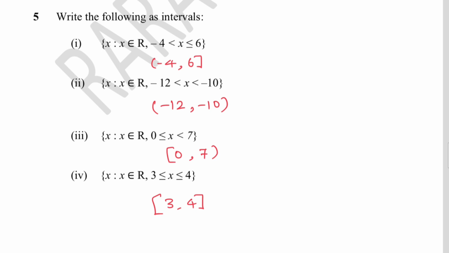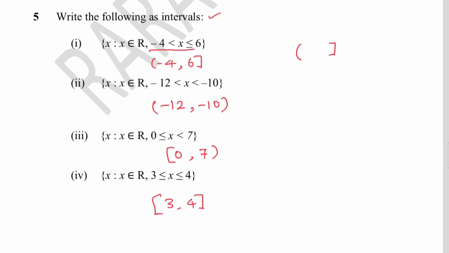And write the following as intervals. So -4 strictly less than x less than or equal to 6. A round bracket means an open interval, which means the end point is not included. A square bracket means the end value or the limiting value is included.